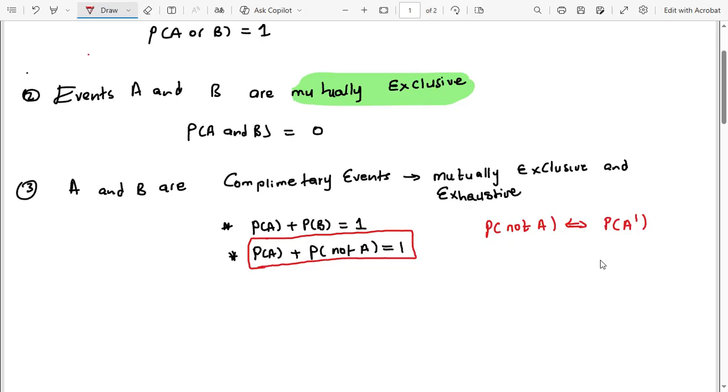I need to make the probability of not A the subject of the formula. This is the probability of A, we add the probability of not A, and equate this to 1. How can we make not A the subject? Let's take the probability of A and move it to the other side, and then we are left with the probability of not A being 1 minus the probability of A. That's how you find the probability of not A.